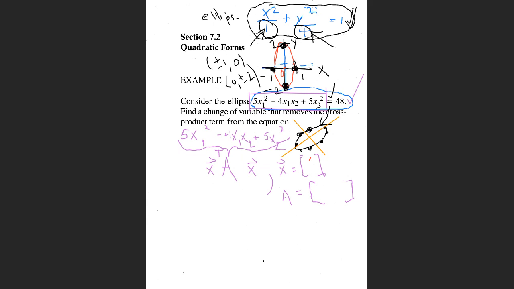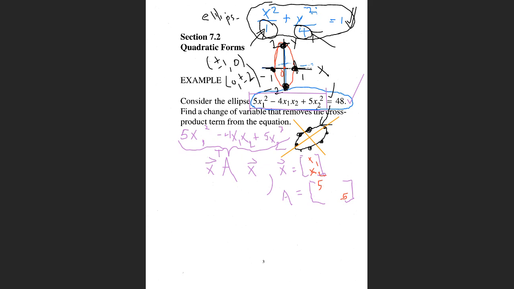That's right, good, Eleanor. x1, x2. And the matrix A is a 2 by 2. What's going to go along the diagonal? That's right, 5 and 5.